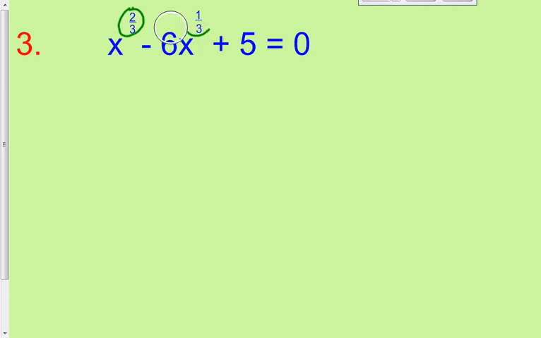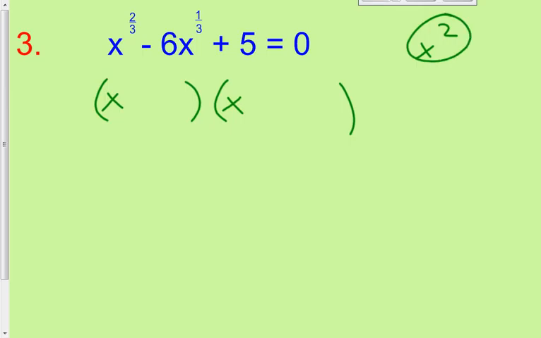So watch very closely. We're still going to form 2 different binomials, which is what you're used to doing. Now, you're used to going x times x. But remember, x times x is x squared when you FOIL first times first. And we don't want x squared, we want x raised to the 2/3.